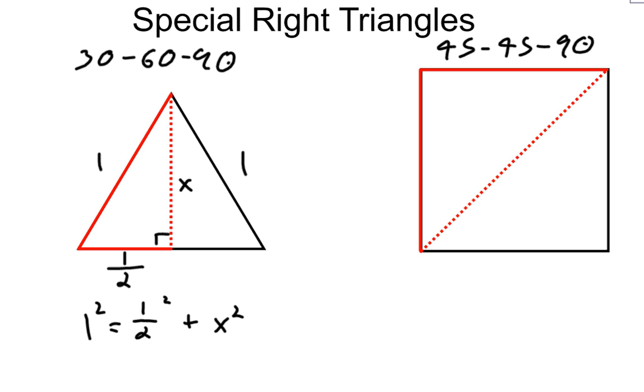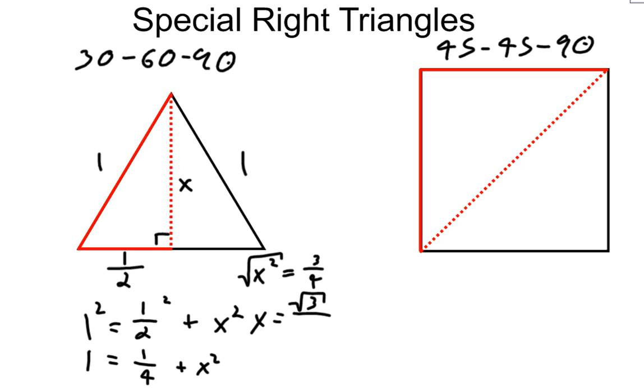So we solve this. This is 1, which is equal to 1/4 plus x squared. If I solve for x squared, subtract 1/4 from both sides, I get x squared is equal to 3/4. Square root both sides, and I get x is equal to the square root of 3 over the square root of 4, and the square root of 4 is 2.